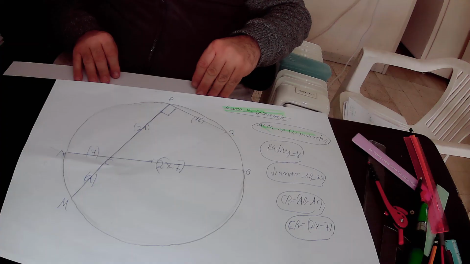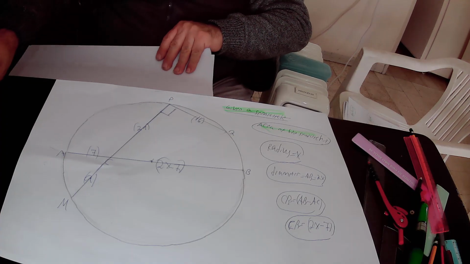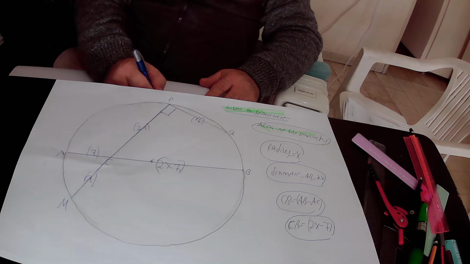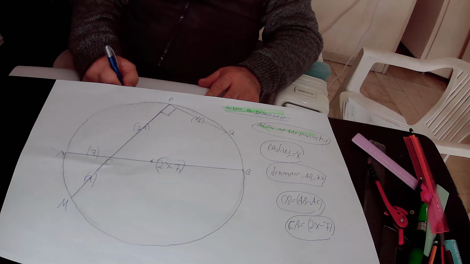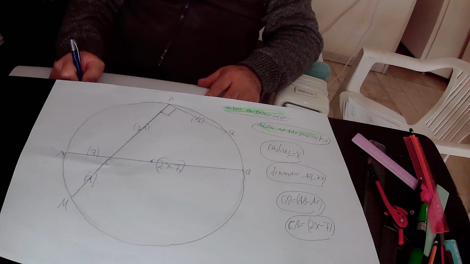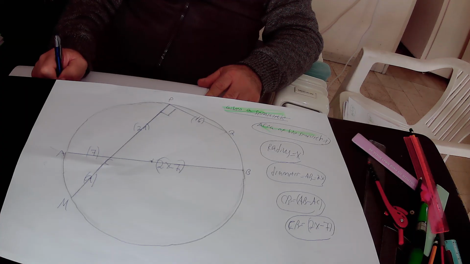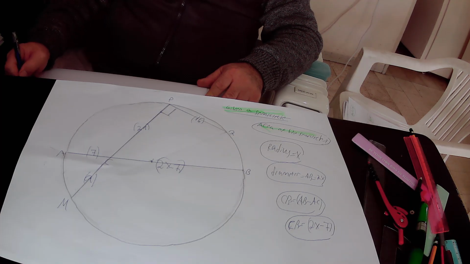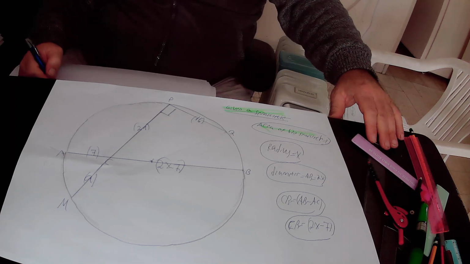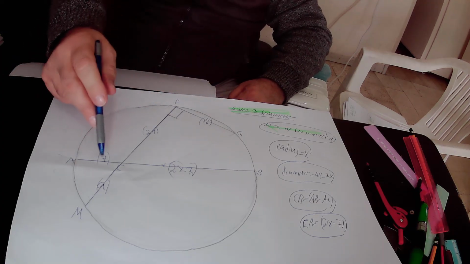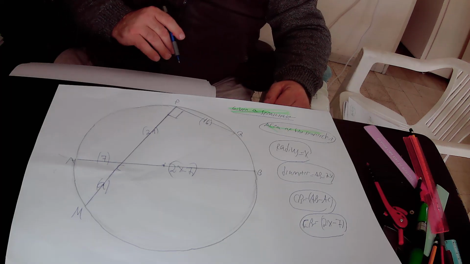So, write it down. Now, we have chord AB intersects with chord PM at point C. The intersection point of chord AB with chord PM occurs at point C. So all the requirements for rule 65 are satisfied.